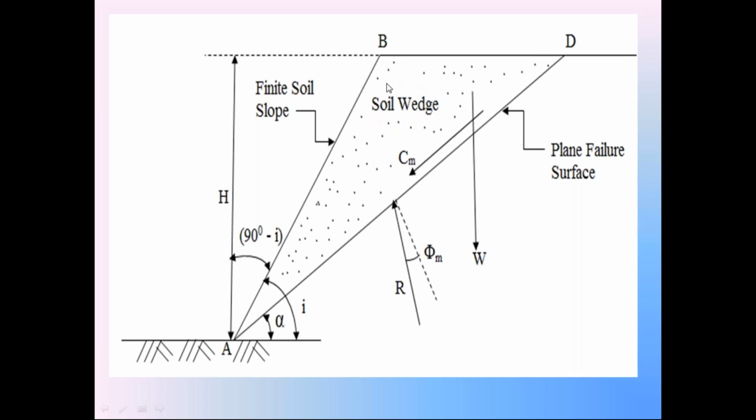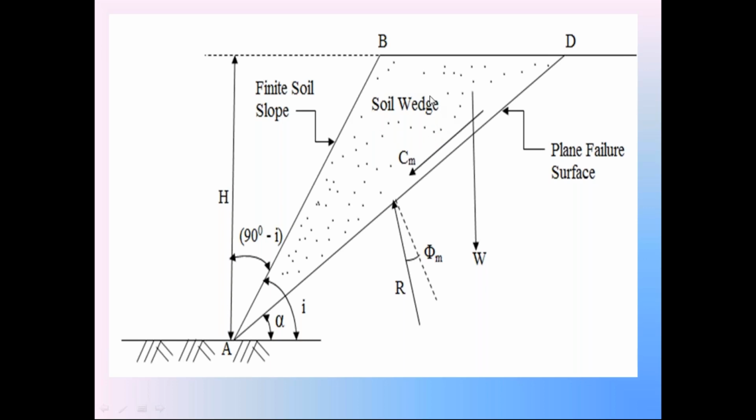What is the volume of the soil wedge? Volume of this soil wedge is equal to the area of this soil wedge into thickness. Take that thickness as unit thickness. So please follow the steps carefully. The area of the soil wedge is the area of triangle ABD, multiplied by the unit thickness of the soil wedge in the perpendicular direction.